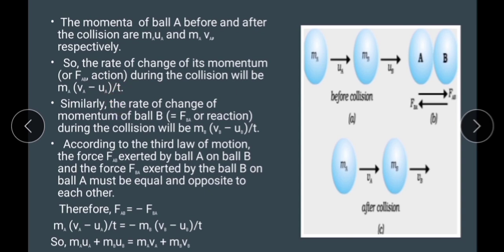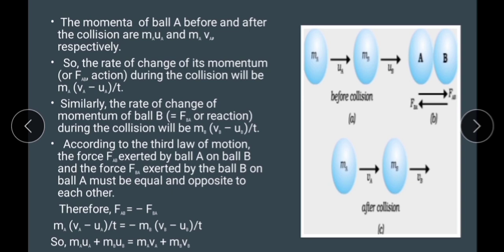And this rate of change of momentum is known as force. Similarly, the rate of change of momentum of ball B, or FBA, will be mB into (vB minus uB). This vB minus uB is the difference between the final and initial velocity, and it is also divided by t.